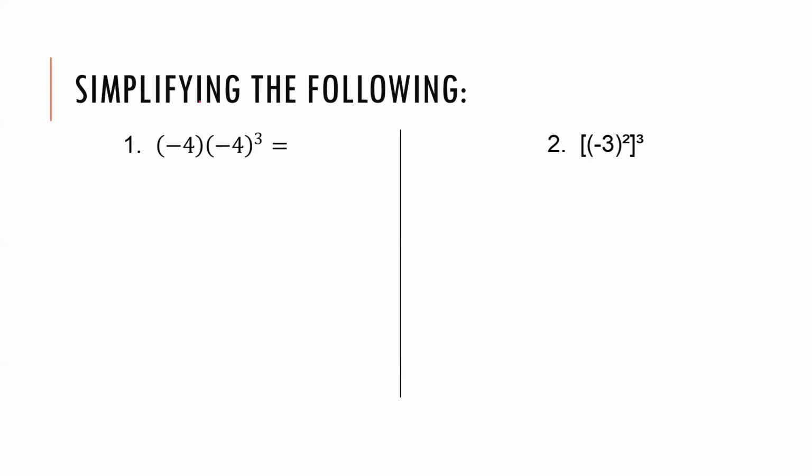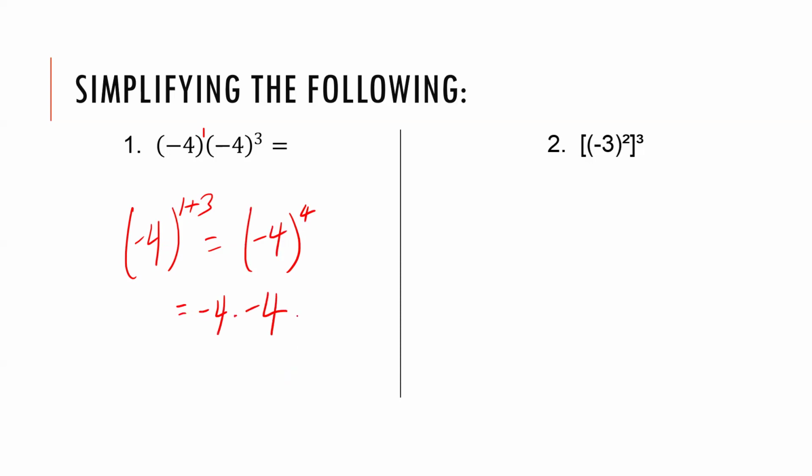Because it's multiplication, even though I don't see it, it's Casper the Friendly 1 is the power that's here. So we have -4 to the 1 plus 3, which equals -4 to the 4th power.